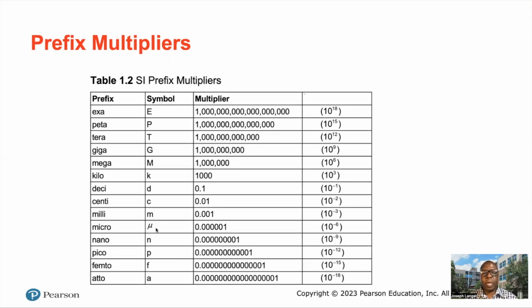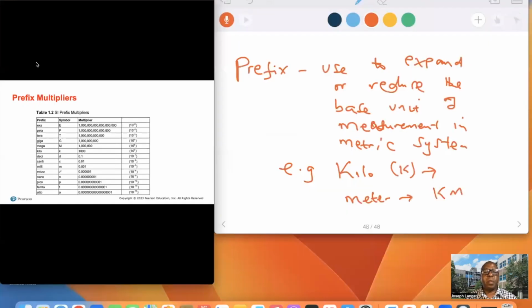Milli, micro, take note of the micro, reducing by 1 million, nano, reducing by a billion, and so forth. What I want you to learn is the prefix name and the prefix symbol, as well as the multiplier. By what value are you multiplying the base unit?